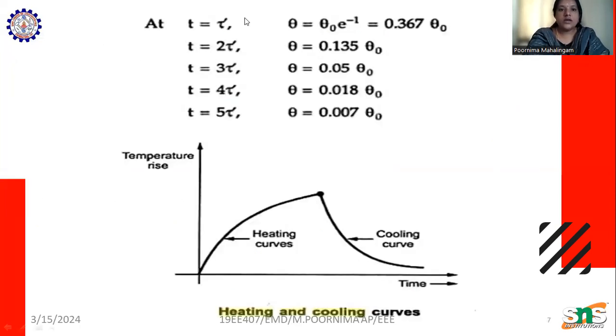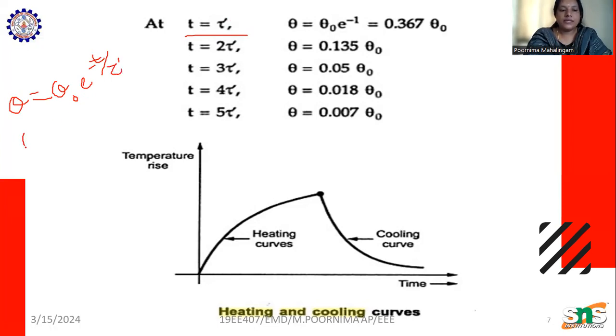Now we come to the characteristics of the heating and cooling curves. Here again we are going to draw a graph between the temperature and the time period. We know the formula theta equal to theta 0 into e power minus t divided by tau dash.